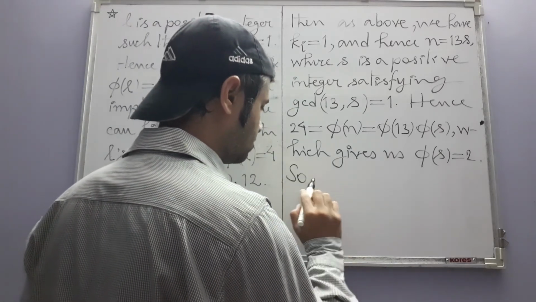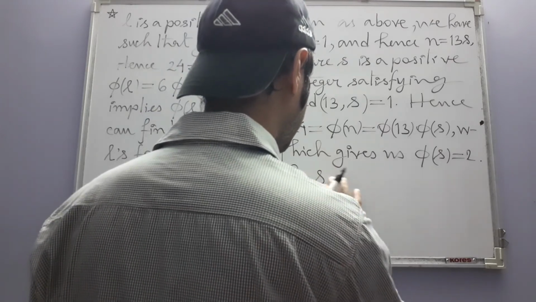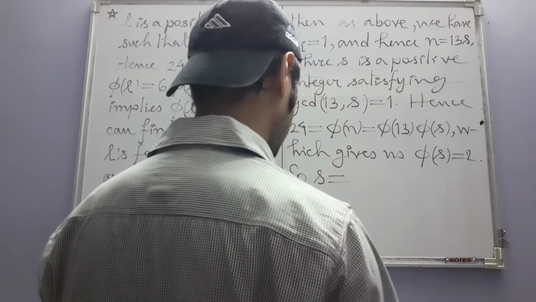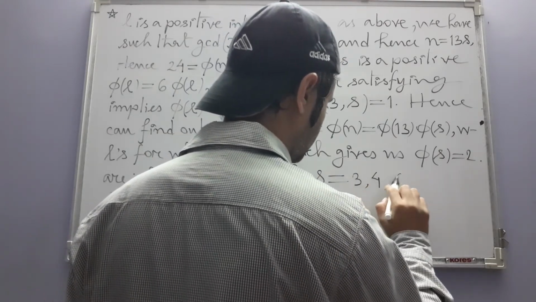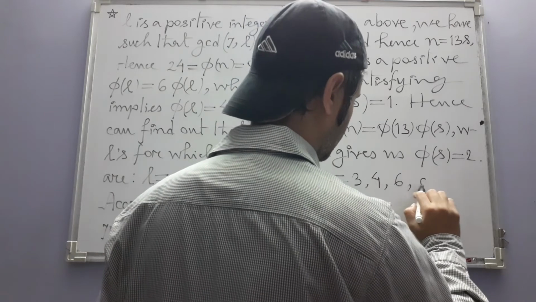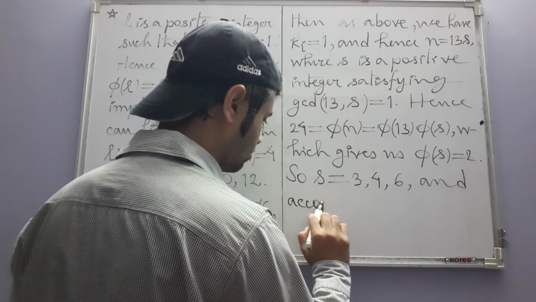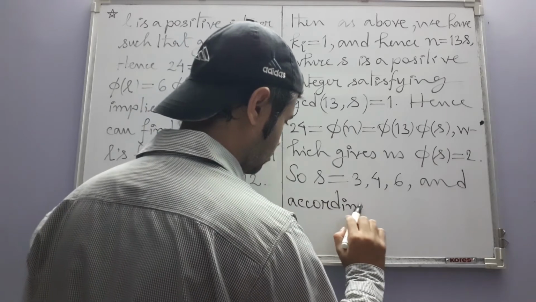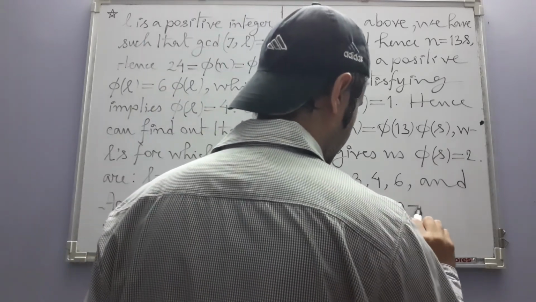So the options are these. S is either 3 or 4 or 6, and accordingly what should then n be?